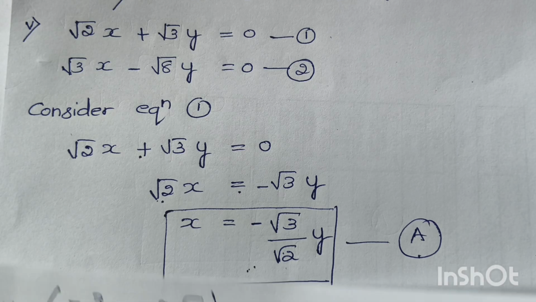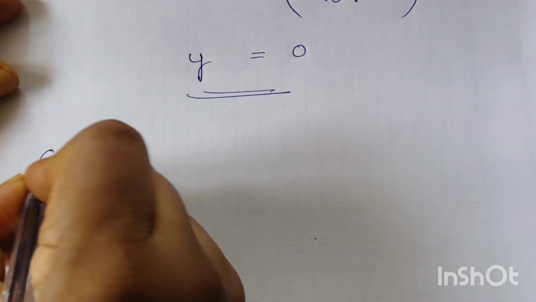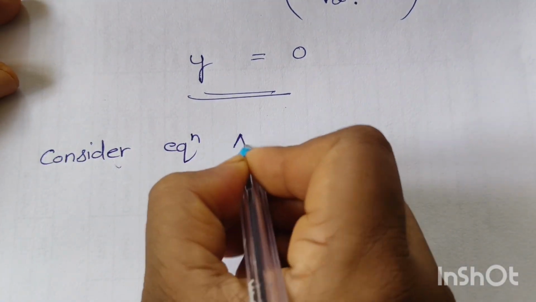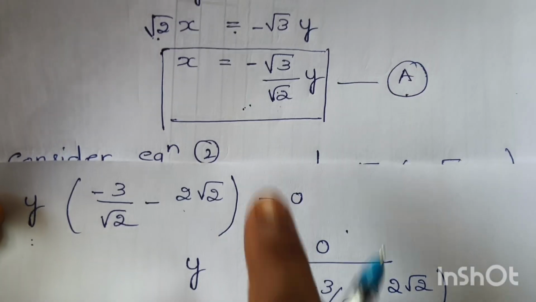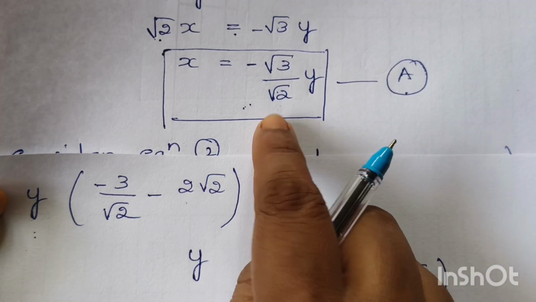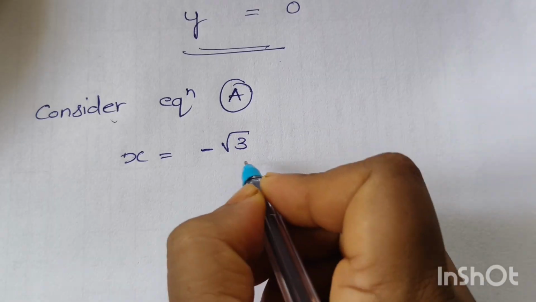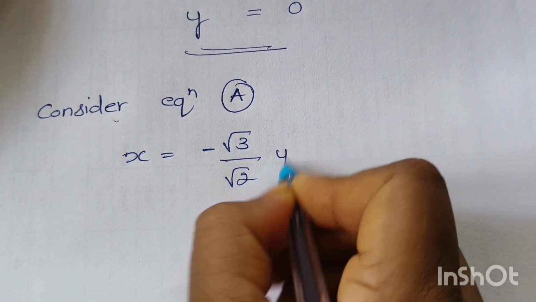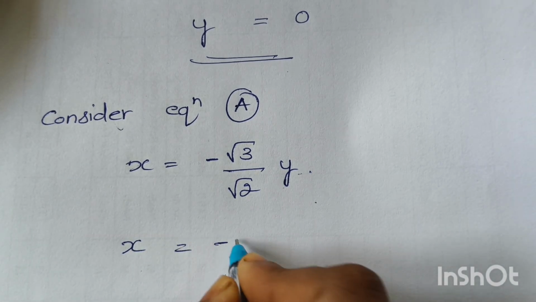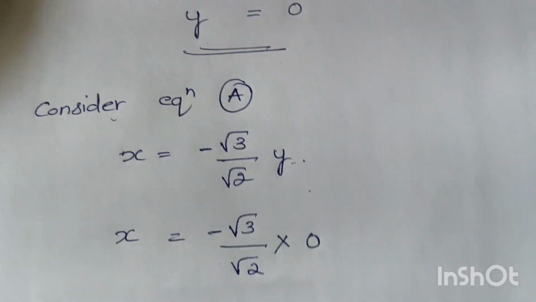Consider equation A: x is equal to minus √3 by √2 into y. We know that y is 0. Therefore, x is equal to minus √3 by √2 into 0.